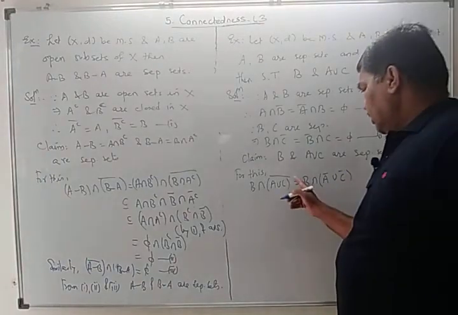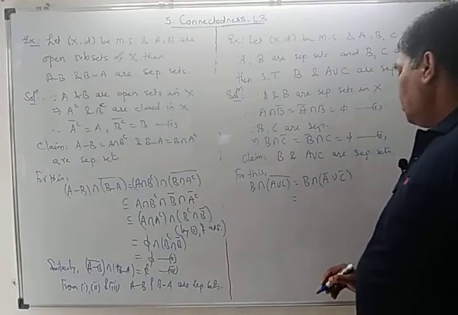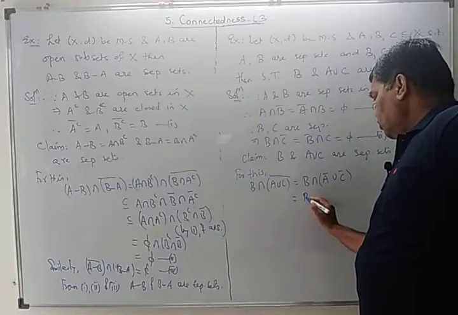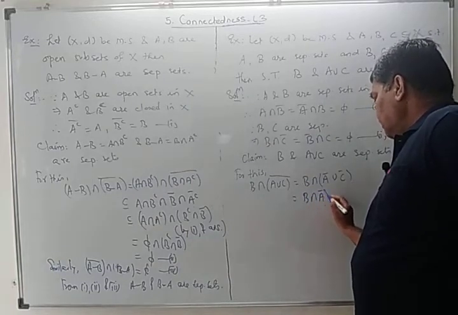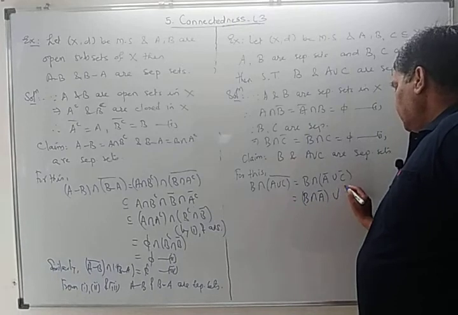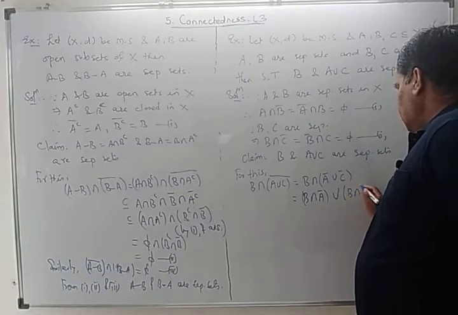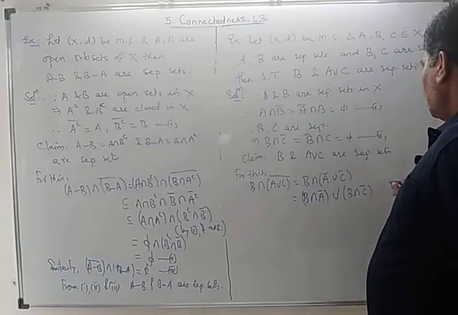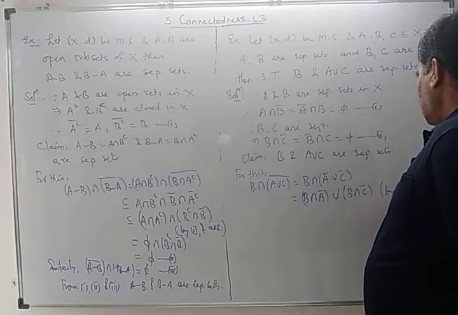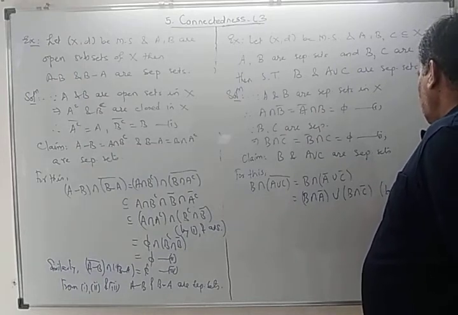Okay. We know that the closure of a union is equal to the union of closures. So this is equal to B intersection A closure union B intersection C closure, by distributive law.